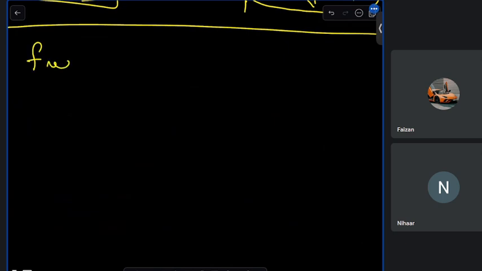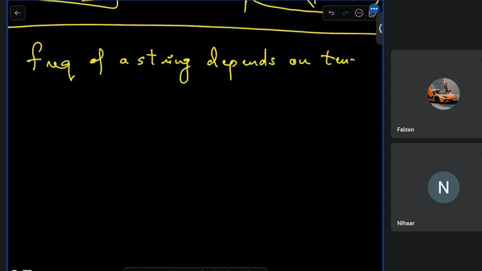Frequency of a string. Lovely question, actually. It depends on tension. Now in this case, they've used the letter T. I'll write it here: tension T, length l.